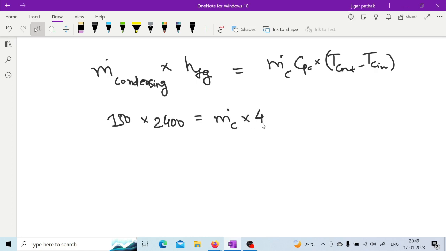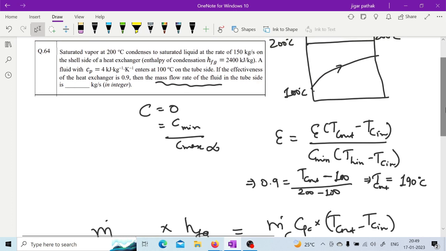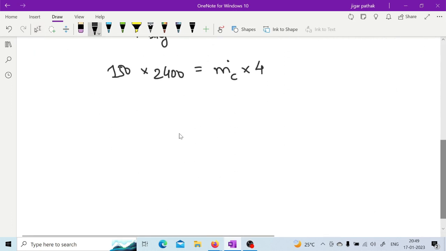CPC is given as 4. Here HFG is 2400 and CPC is 4 kJ per kg, so the kJ per kg cancels.